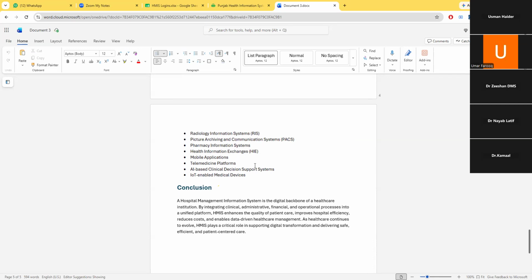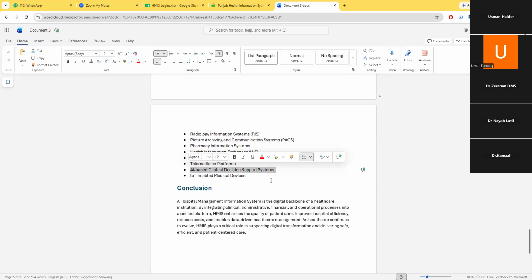In telemedicine platforms, patients can book an appointment with the doctor from their home, and they will connect with each other through the telemedicine platform. If no physical checkup is required, the doctor just prescribes the medicine in the system, and it will be visible to the patient on the mobile app. The patient can go to any pharmacy, show that prescription to the pharmacist, and get the medicine from there.